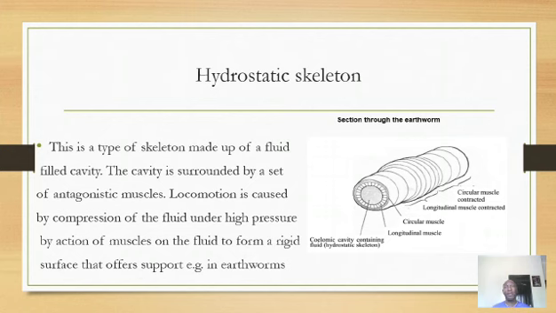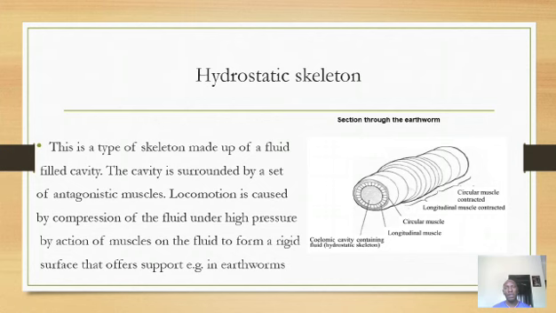What do we mean? That when one set contracts, the other set relaxes. Therefore, locomotion being brought about by a hydrostatic skeleton is caused by compression of that fluid within that cavity under a high pressure by the muscles, which muscles we are saying are antagonistic.